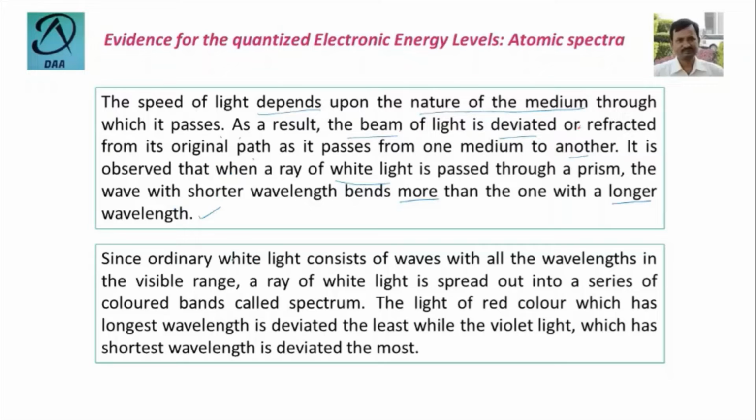Ordinary white light consists of waves of all the wavelengths in the visible region. That means white light consists of a number of colored bands, and it is called the spectrum. Red light, as we know, has the longest wavelength, so it deviates least. Violet light, whose wavelength is shortest, deviates the most.